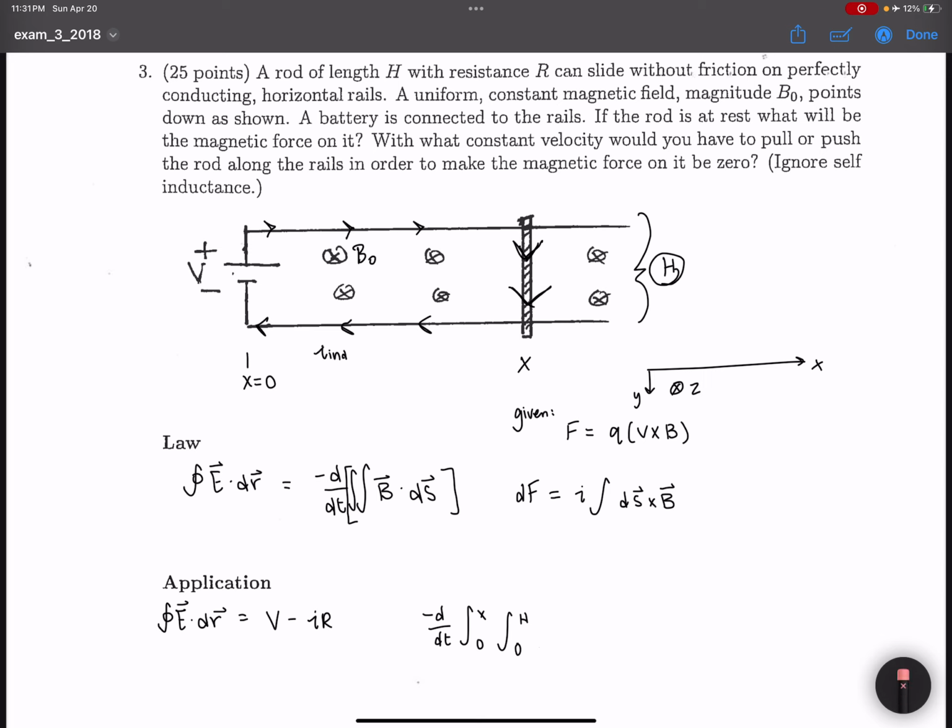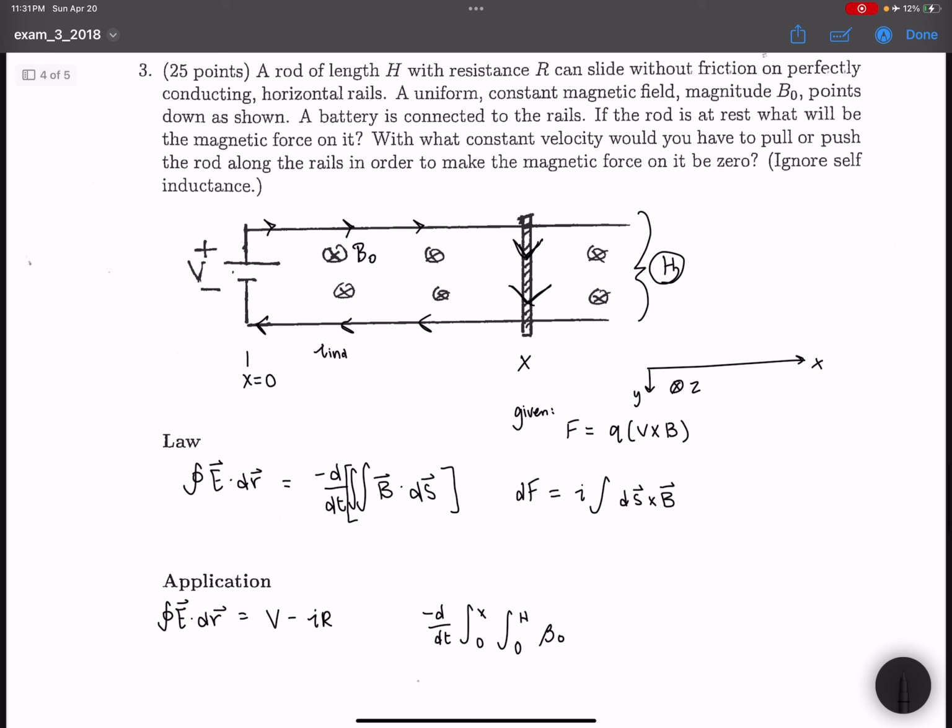Okay, B naught. And we need a ds, which is, you have to do the thingy of integration, so it's going to be dy dx.